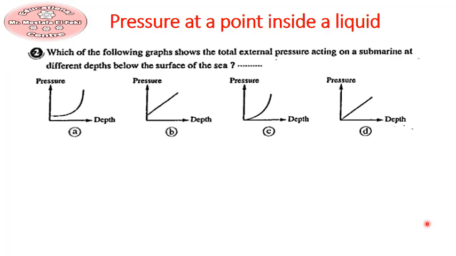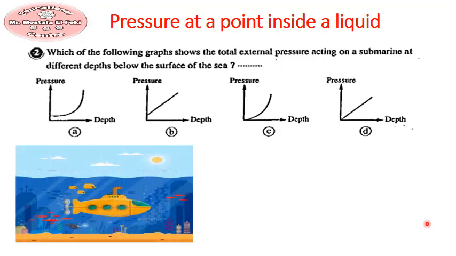Which of the following graphs shows the total external pressure acting on the submarine at different depths below the surface? At the first, the submarine is externally exerted by two pressures, the pressure of water and the atmospheric pressure.